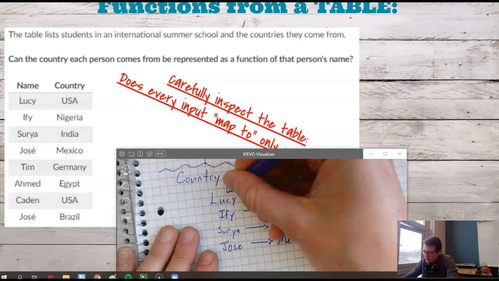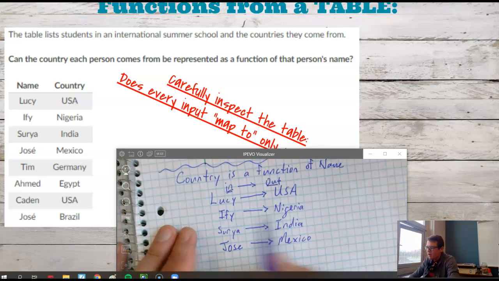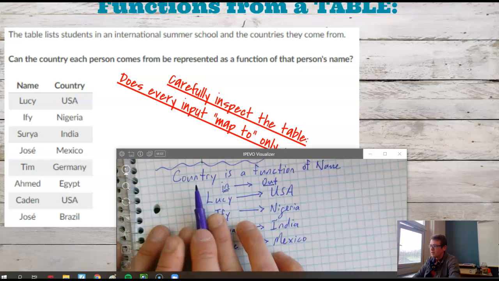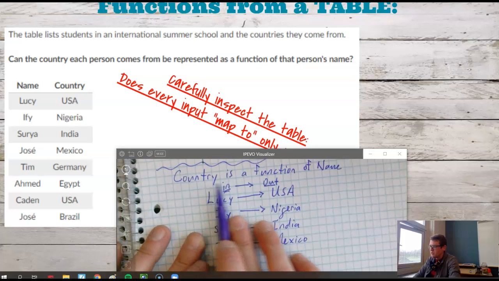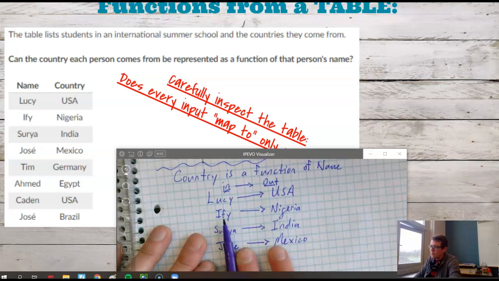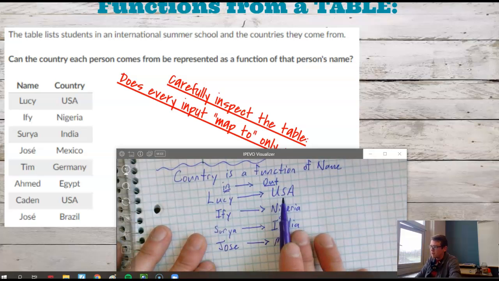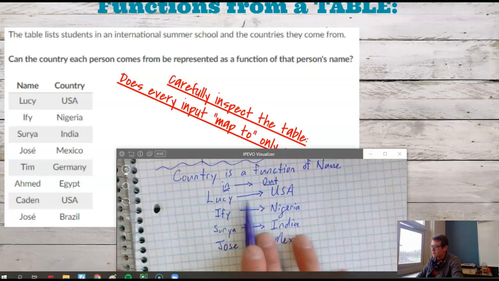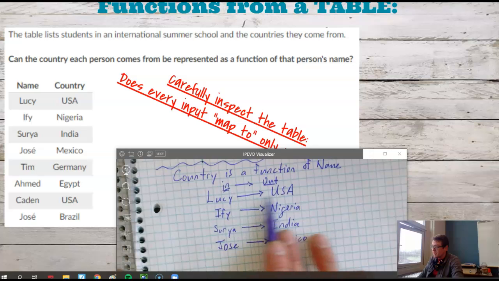So guys, here's the issue while you're putting your answers in chat. When we say the question, is country a function of the name? Then when we write it, we normally put input related to output, so we flip the order around. We're not saying country compared to name. We're saying name goes into country.